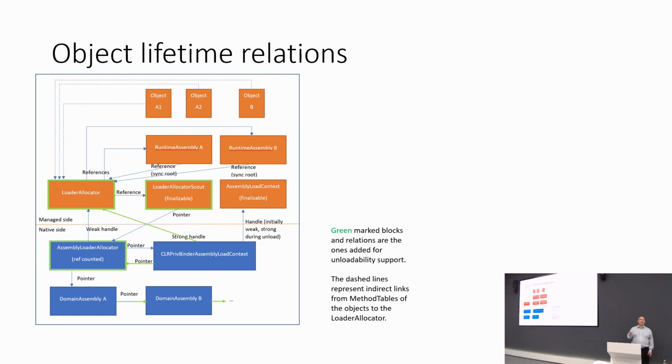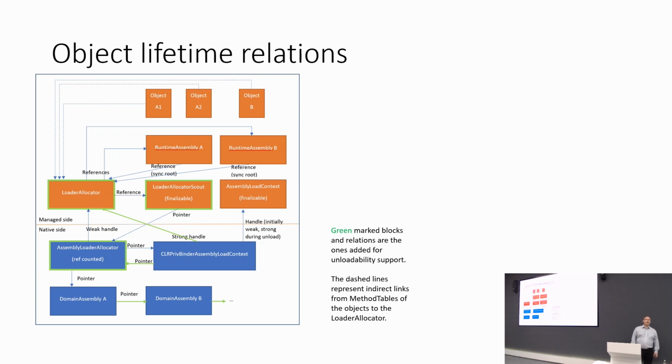So the object is pointing to that, holding it alive for the lifetime of the object. Then you have the runtime assemblies, which represent your managed assemblies, and they also point to the loader allocator. So even if there are no objects, the assemblies still hold the loader allocator alive.